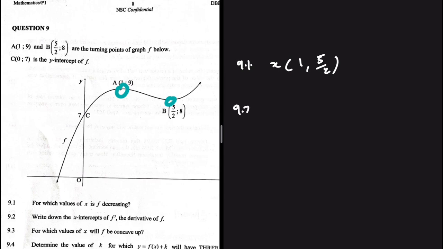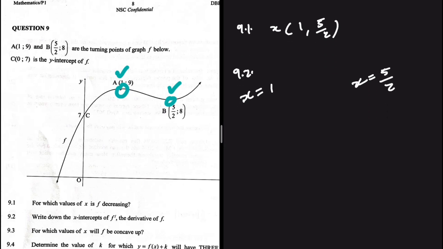What about 9.2? Write down the x-intercepts of f prime, the derivative of f. So the x-intercept, right, is at the turning point. The x-intercept is at the turning point. So when x is equal to 1, we have an x-intercept, and when x is equal to 5/2, we have an x-intercept.